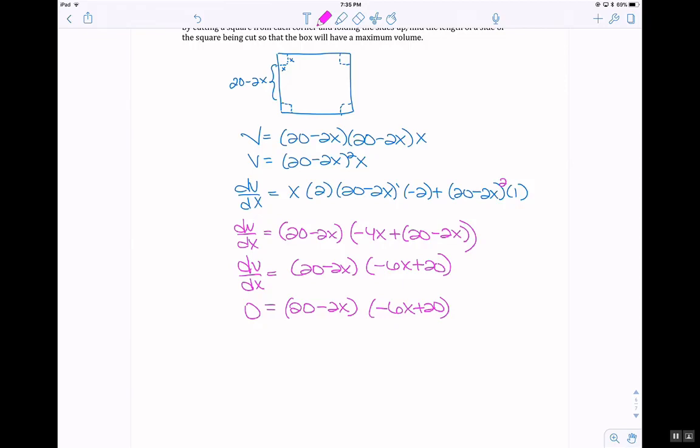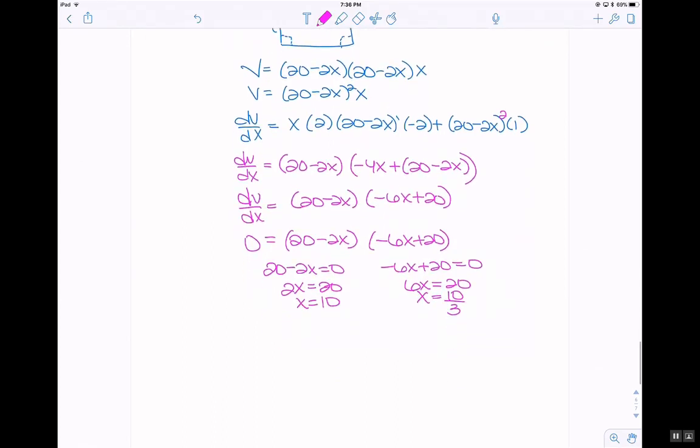So my first one, when I set my 20 minus 2x equal to 0, I get 2x is equal to 20, so x is equal to 10. And the negative 6x plus 20 is equal to 0, so 6x is equal to 20, so x is equal to 10/3.